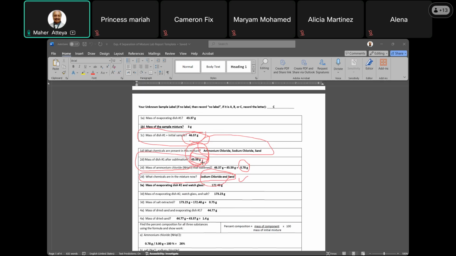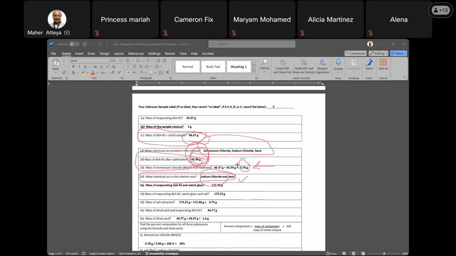The difference between those weighings, 46 point something and 45 point something, will give us the amount of what? Ammonium chloride, which already sublimed. Okay, guys? So now, let me switch to another color.